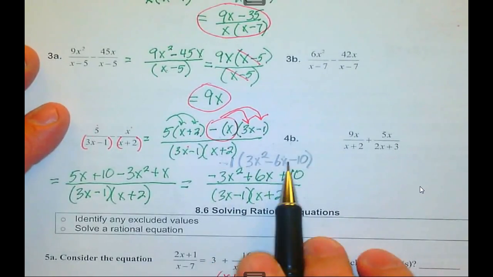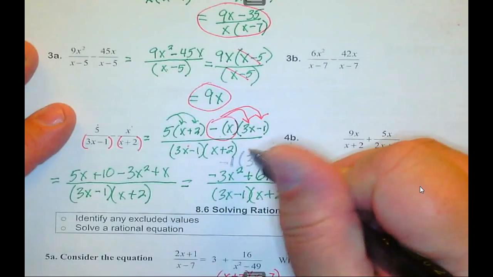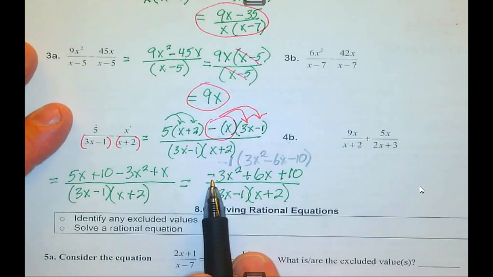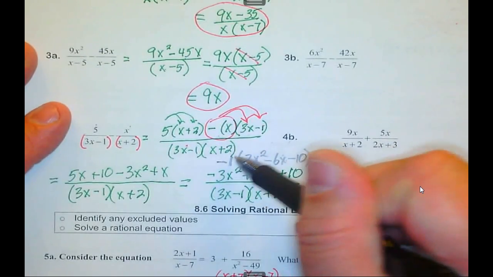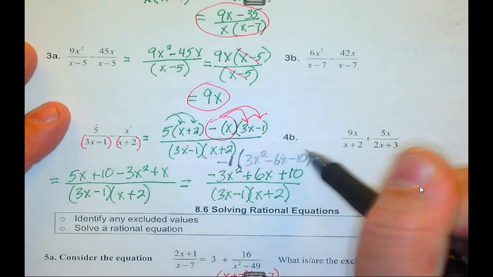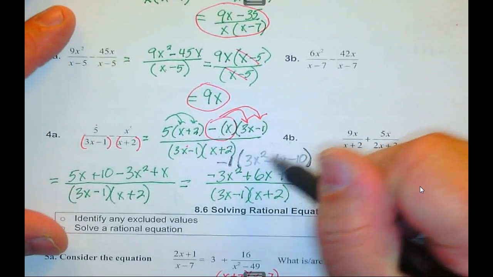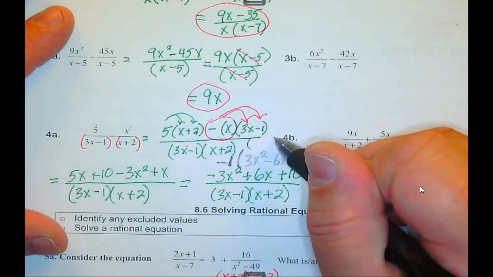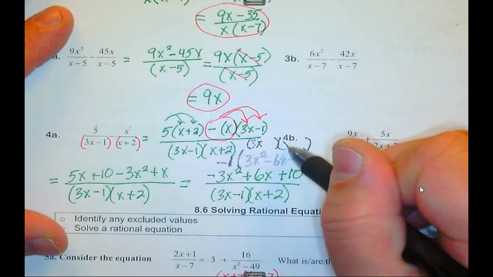Okay. See if I can factor this. I'm factoring out a negative because I have a negative in my leading coefficient. So I took out that negative 1, which just changes the signs. Now I'm going to try factoring this 3x squared minus 6x minus 10. So I have a 3x and an x.